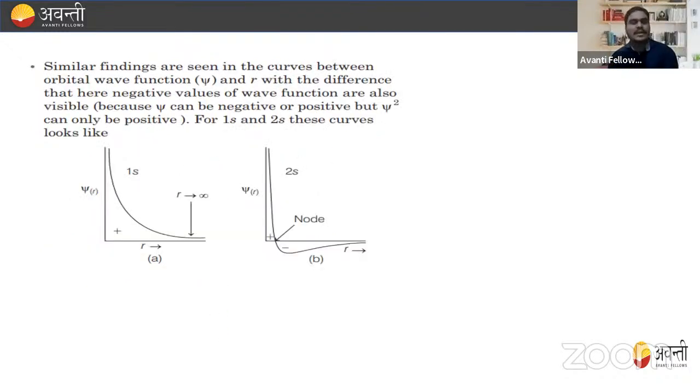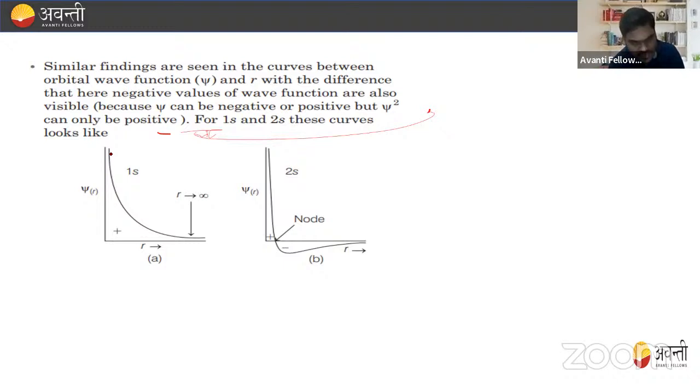Now, similar findings are seen in the curve between the orbital wave function and r, with the difference that here negative values of the wave function are also visible, because psi can be negative or positive, but psi square can only be positive, right? So for 1s and 2s, these curves look like this.